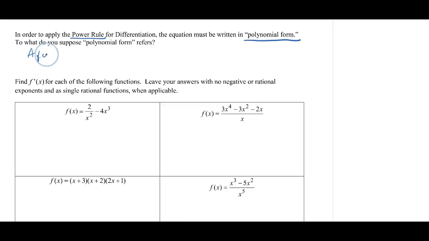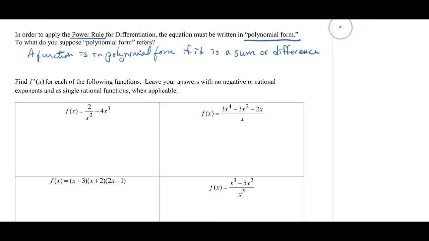A function is in polynomial form if it is a sum or difference of multiple monomial terms, monomial being a single term.